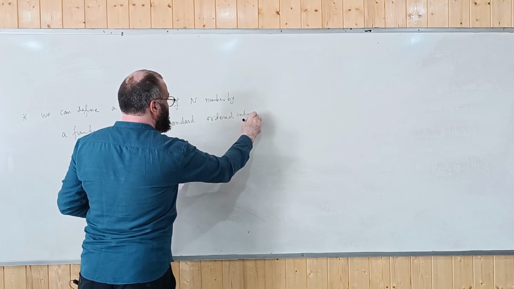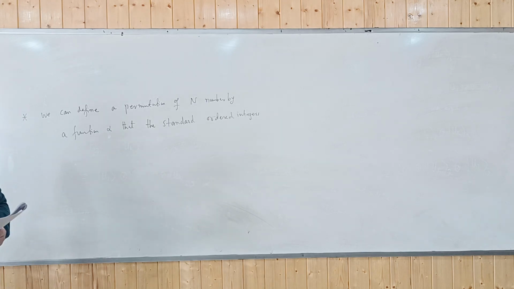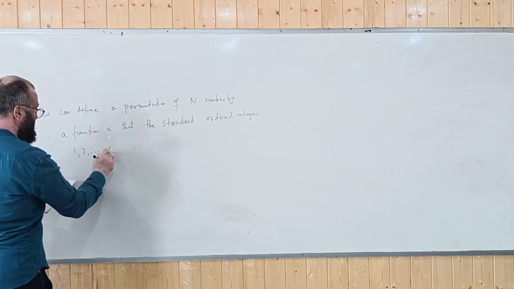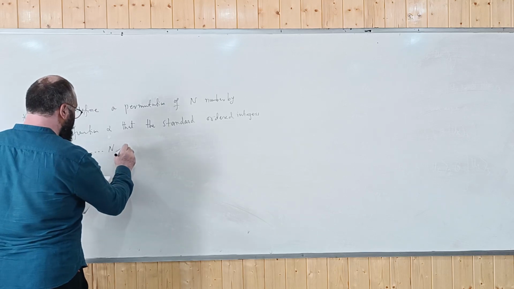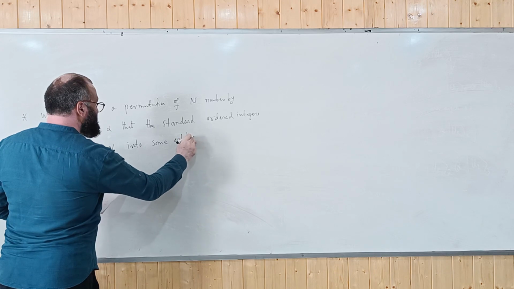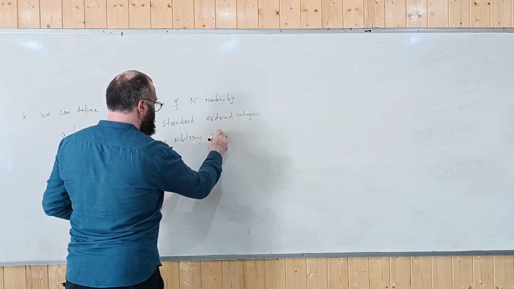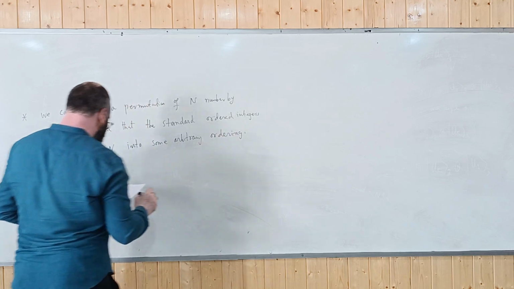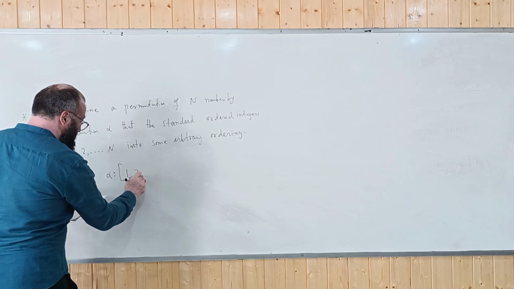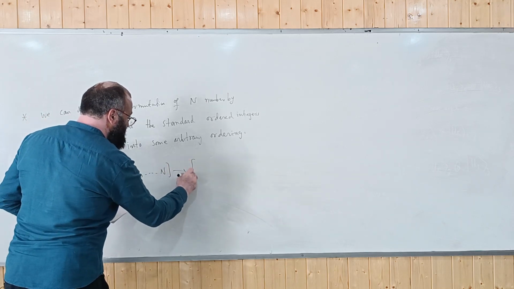You start with the ordered set, and the ordered set means you are labeling them with the set of integers. You are actually reordering the integers. So this is your standard order of the integers into some arbitrary order. So what it means is that you have this alpha, which simply orders your set of integers into some random order.